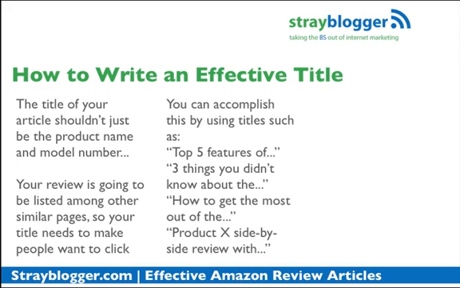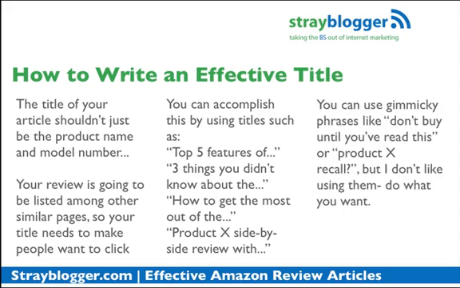So you can do this by adding elements to your title, such as the top 5 features, or 3 things you didn't know about product X, how to get the most out of product X, or product X side-by-side review with a similar product. Just things like that.